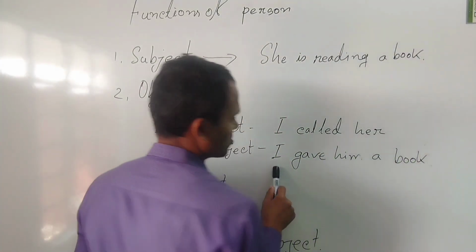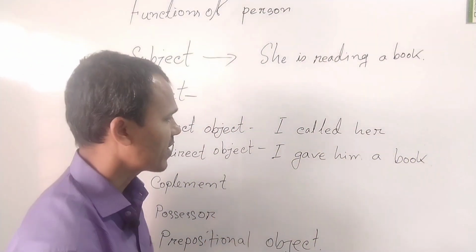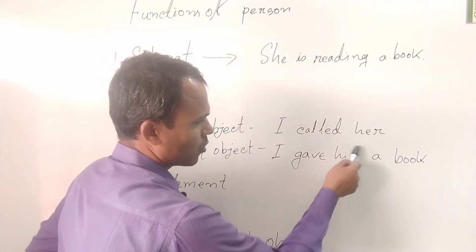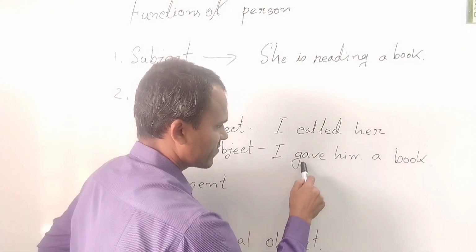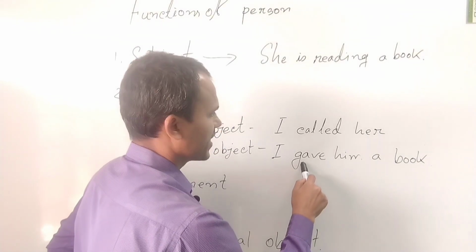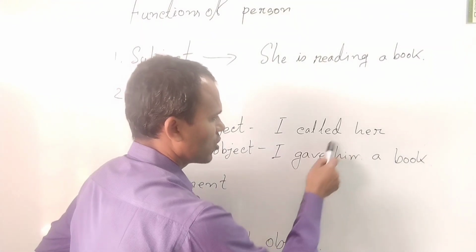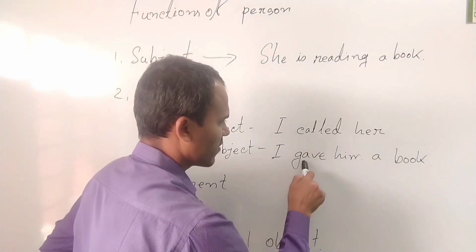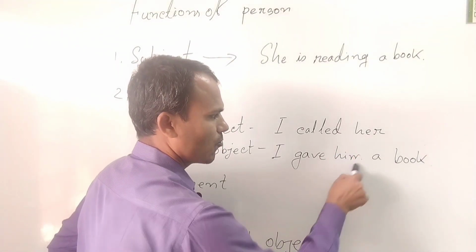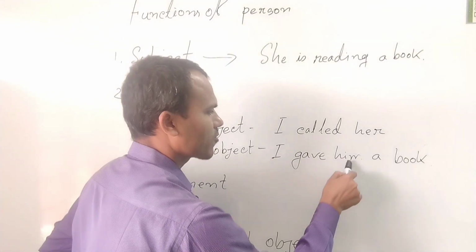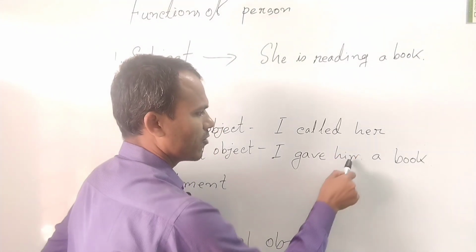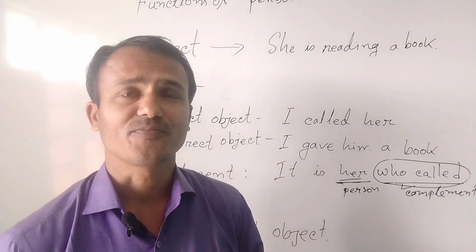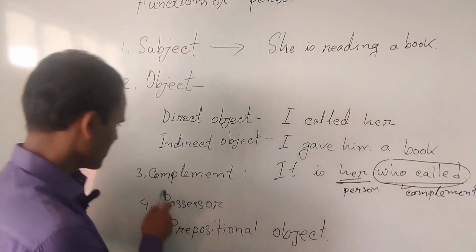An example gives you a clear idea about indirect object. Here for whom, him, or to whom, him, the verb acts on him, so we can call him an indirect object.